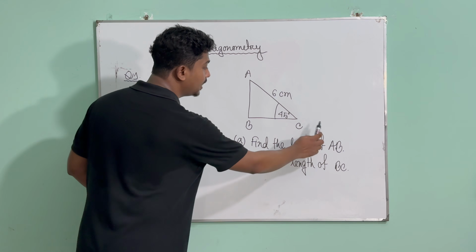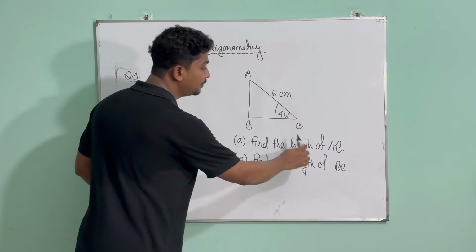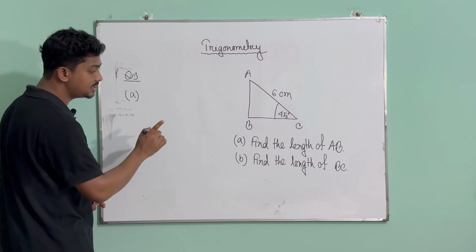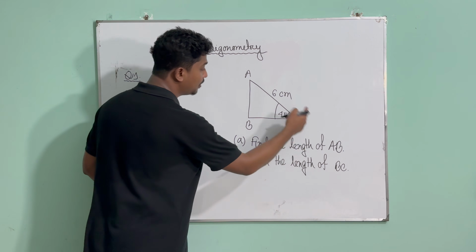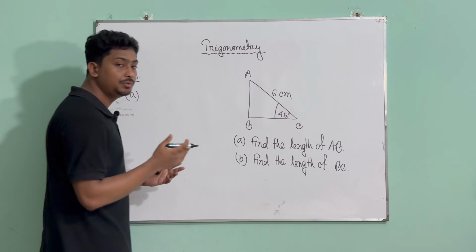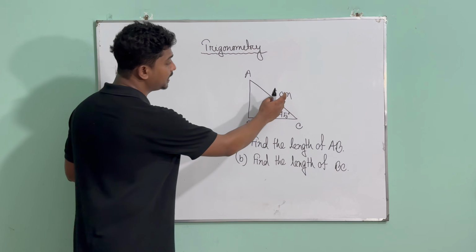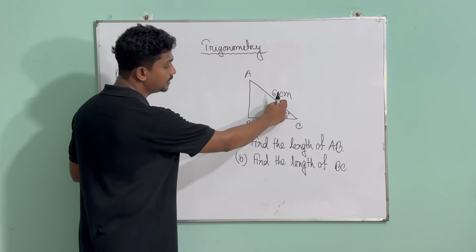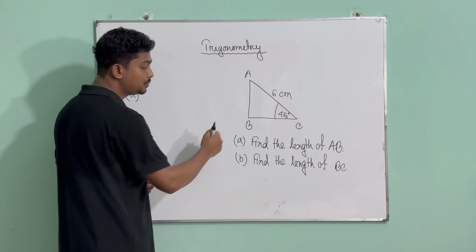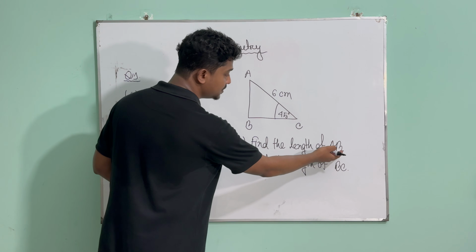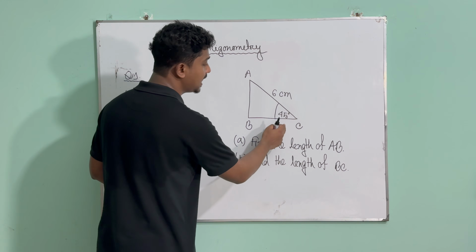Now, first of all, we are asked to find the length of the opposite, which is AB. What do we know that represents opposite and our given length, which is hypotenuse? We have to use the information that has been given to us, right? We have been given the length of the hypotenuse and the angle, and we have been asked to find the length of the opposite. So opposite, hypotenuse, angle, what is that?